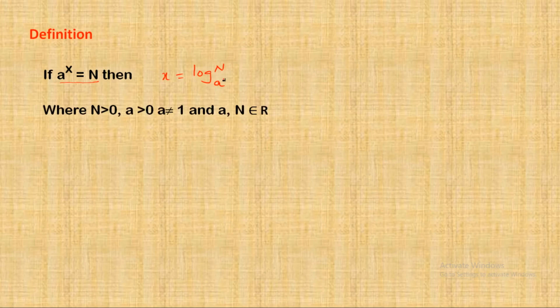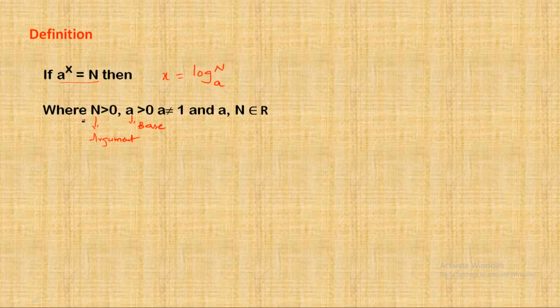Let us see the definition of logarithm. If a power x is equal to n, which is exponential form, we can observe here clearly a power x is equal to n, then x is equal to log n base a, where n is called the argument and this a is called the base.